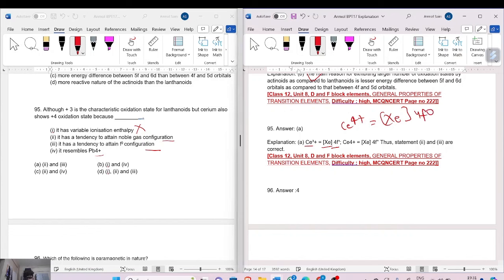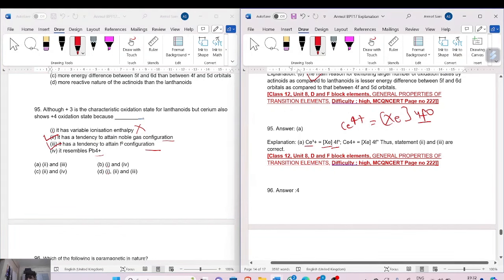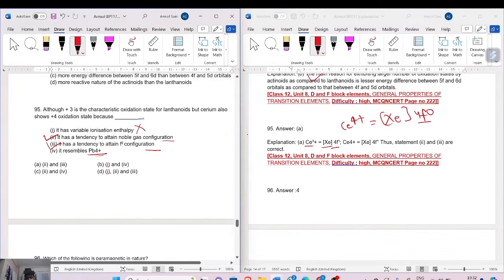So it has a stable noble gas configuration. B option is absolutely right. It has a tendency to attain f0 configuration. Yes, in Ce4 plus it has f0 configuration. So option 2 is correct, but it doesn't resemble Pb plus 4 electronic configuration. So the correct options are 2 and 3. So A is the correct option.